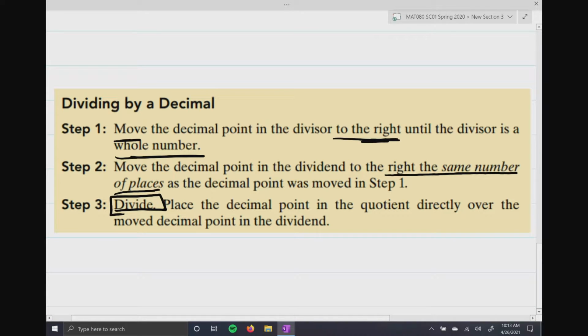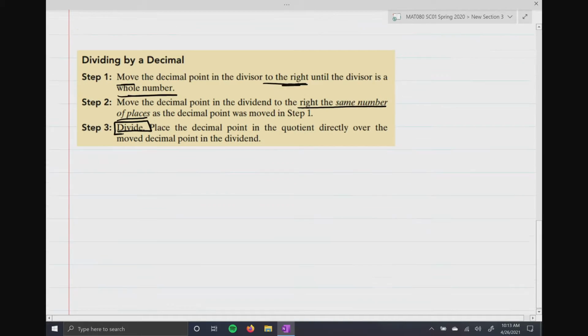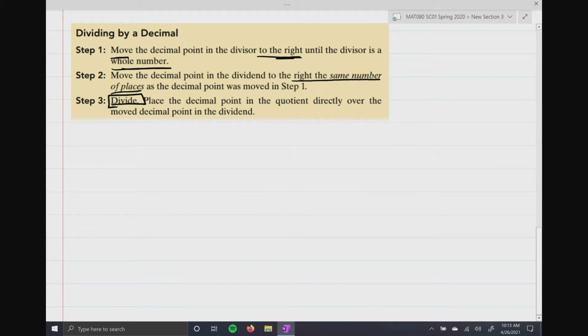So now that we know these steps, and hopefully you're writing them down, we're going to start dividing numbers where you actually have to move the decimal place. So I'll move this up here and I'll start writing down the next example.